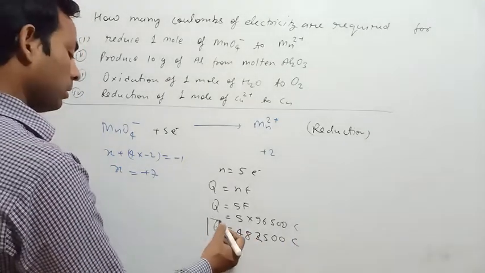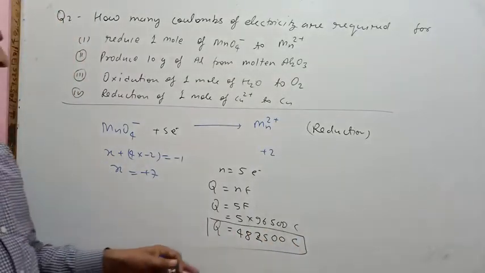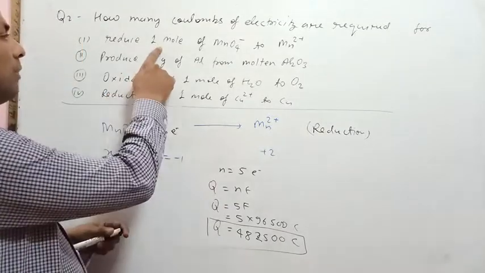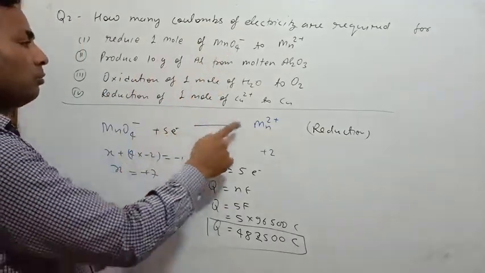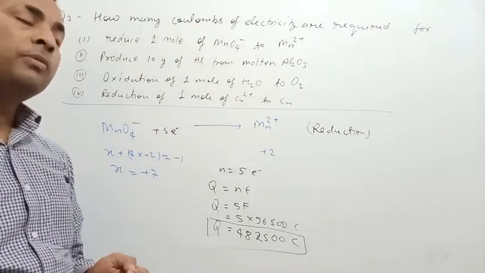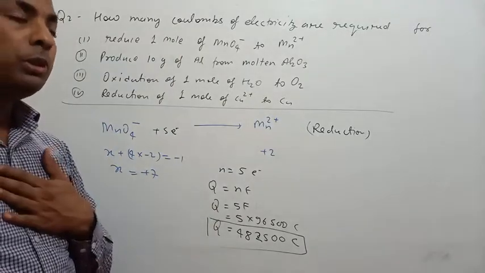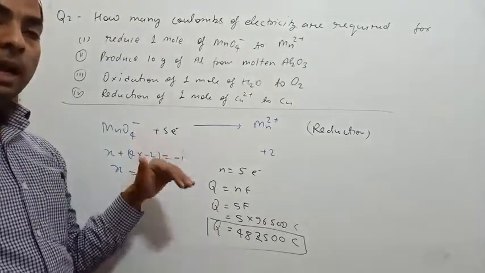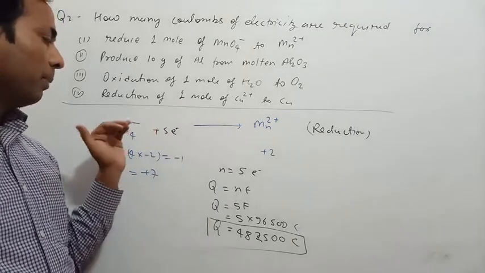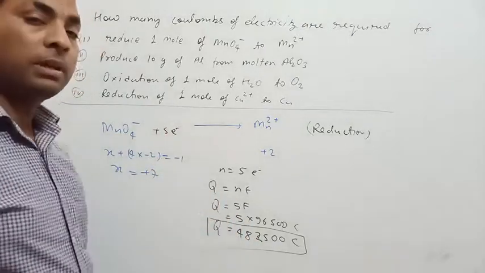This is your total charge, the total coulomb of electricity required to reduce 1 mole of MnO4 minus to Mn2 plus. So if such kinds of questions come in the board exam, first we have to write the equation, and after balancing the equation, we have to find out how many electrons take part in such reactions.